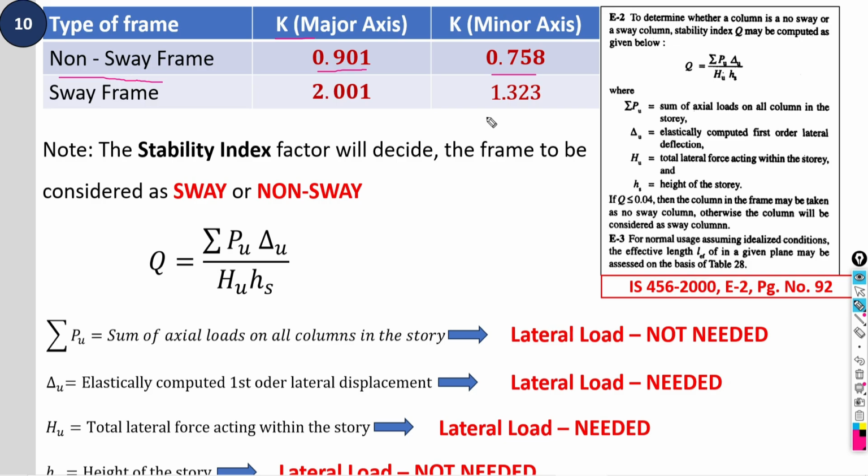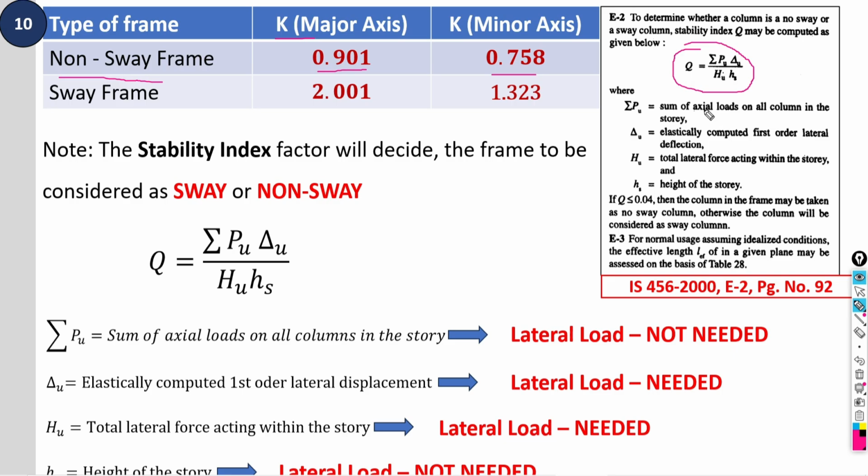Now dear friend, this is the point where finally we have to decide whether we go with a sway frame or a non-sway frame, and that is going to be decided by your stability index factor.